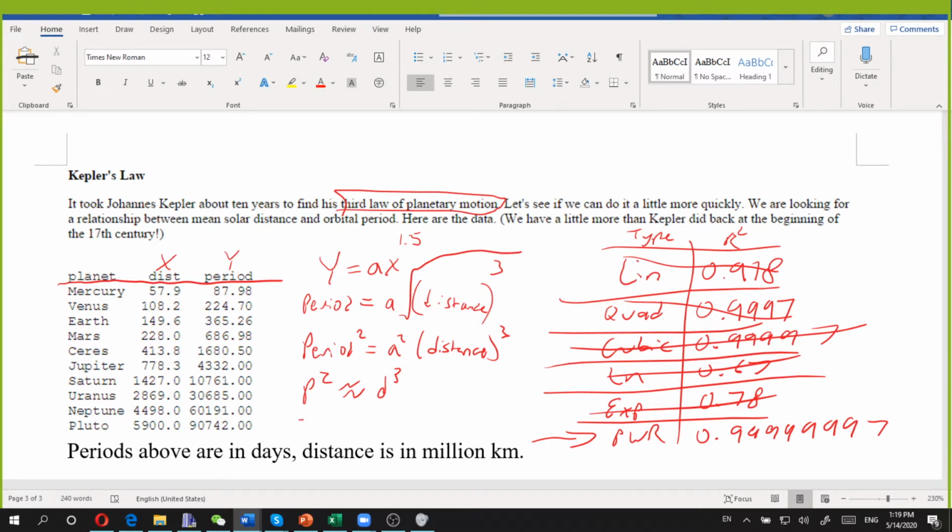Normally written like this: your period squared is directly proportional to your orbital radii cubed.